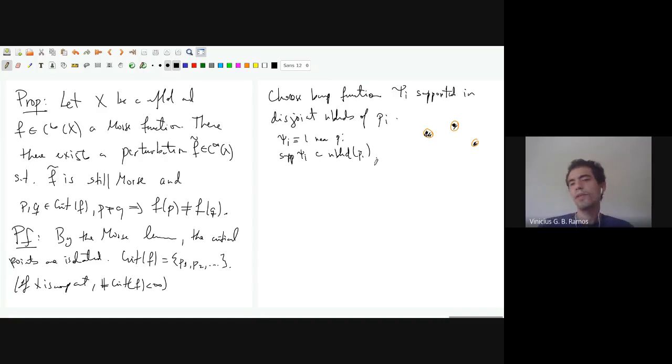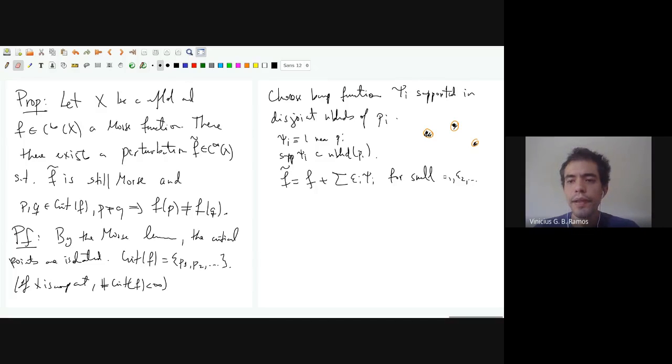This is a standard thing. And now you just write f tilde as f plus the sum of epsilon i times psi i for small epsilon 1, epsilon 2, etc. So you just perturb it a little bit.